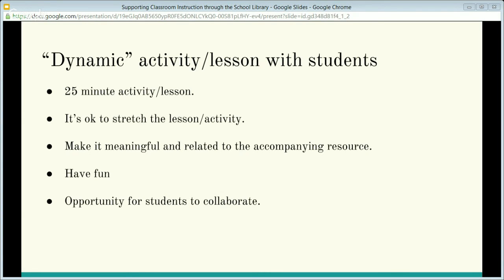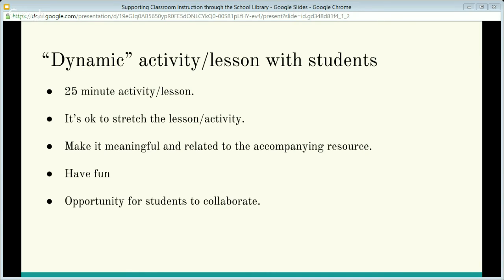Once they begin to learn how to locate their materials or where to look to find those things, that 15 minutes goes down to like 10 minutes, 7 minutes. It's not taking them as long to look for or get their books. And so that allows me to have more time to do an activity or lesson with them.